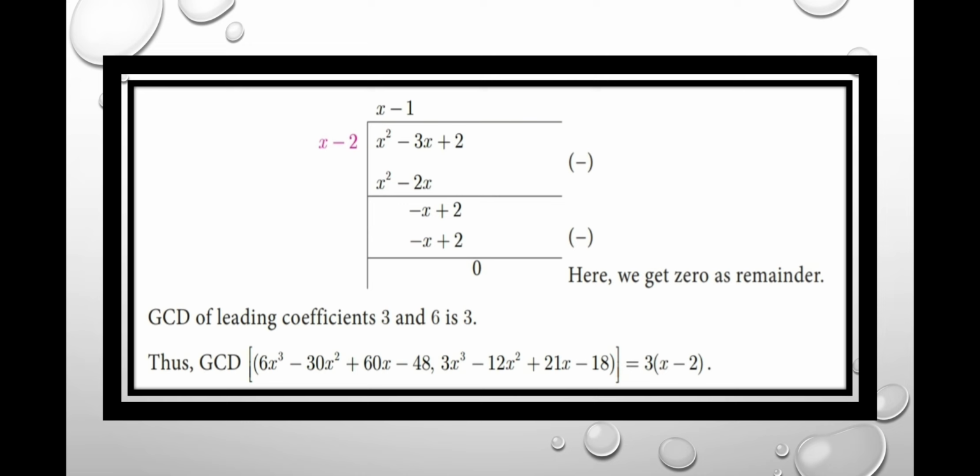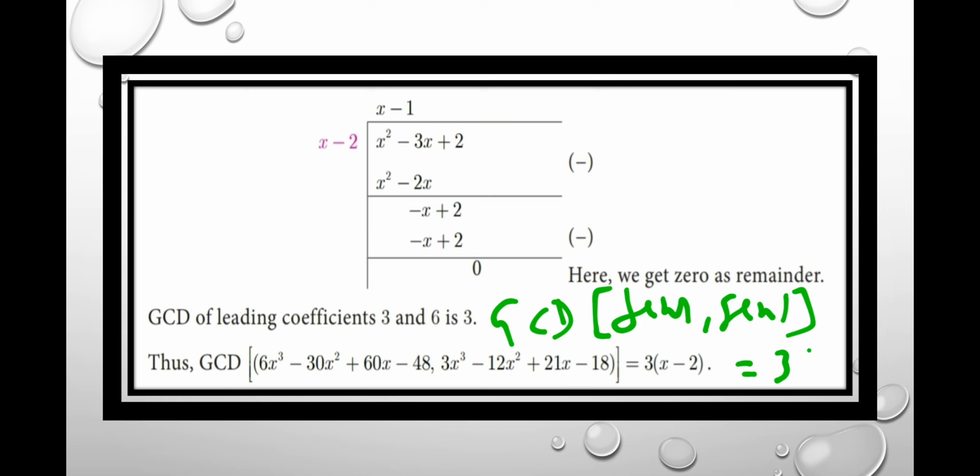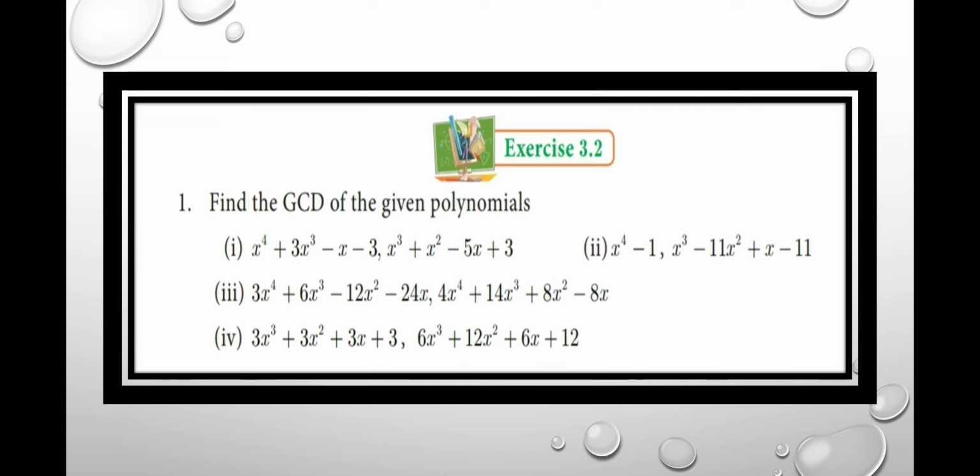You can write this as GCD of f of x comma g of x also. GCD of f of x comma g of x is equal to 3 into x minus 2. So, this is the GCD of the given polynomials.